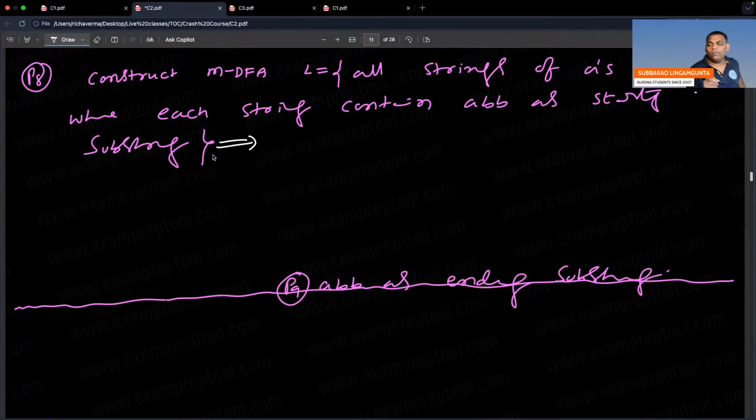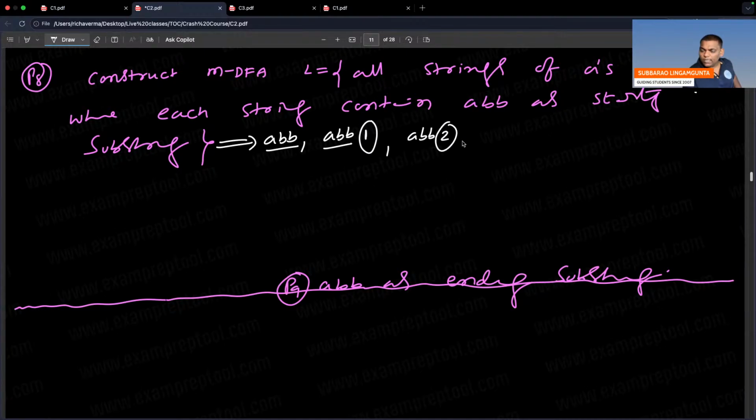First of all, before drawing the DFA, write out the strings. ABB as a starting substring: ABB is compulsory. Starting is ABB, afterwards nothing, no problem. Starting is ABB, afterwards a one length string.